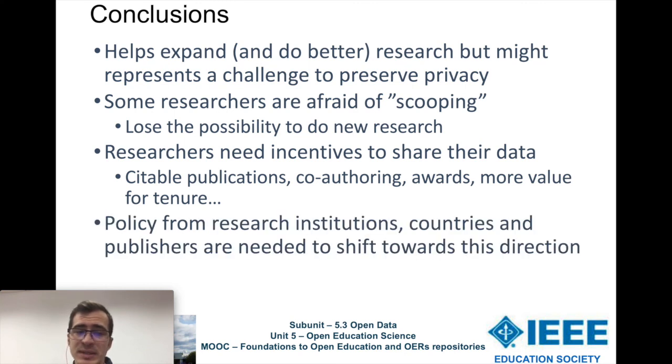It's very important that the other institutions and the countries and the publishers join the whole conversation so that they can create policy to make this process more transparent and shift towards this direction.